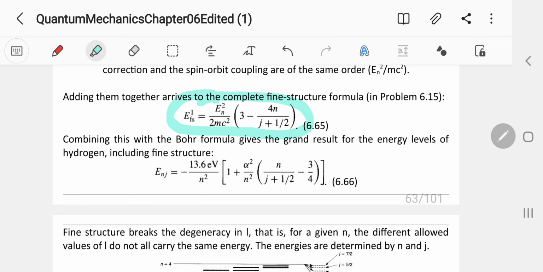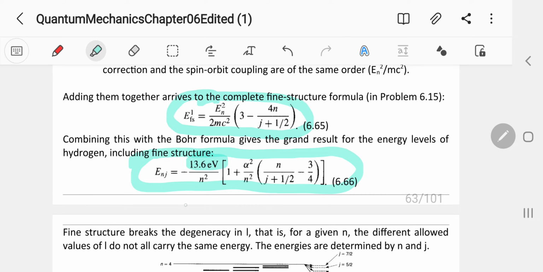And of course, En square would just be given by this one. And of course, if we get the Bohr formula, the grand result for the energy levels of the hydrogen, including the fine structure, would be this.